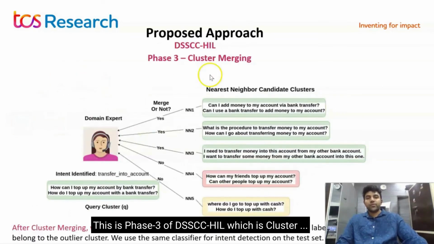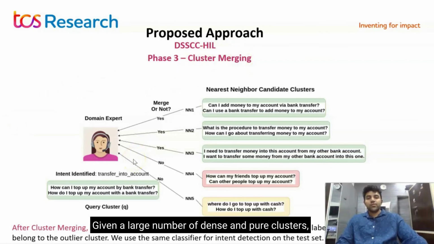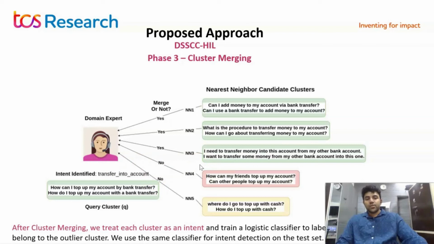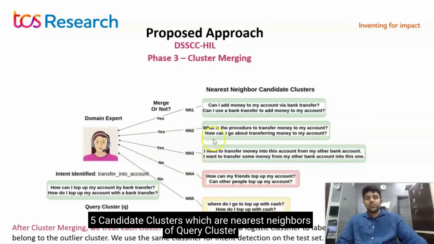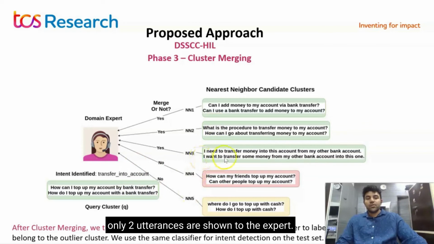So this is phase 3 of DSCC-HIL, which is the cluster merging algorithm. Given a large number of dense and pure clusters, multiple clusters may belong to the same intent, and we use manual effort to merge similar clusters based on nearest neighbors. In each iteration, a domain expert is shown 5 candidate clusters, which are nearest neighbors of query cluster Q, where per cluster only 2 utterances are shown to the expert.